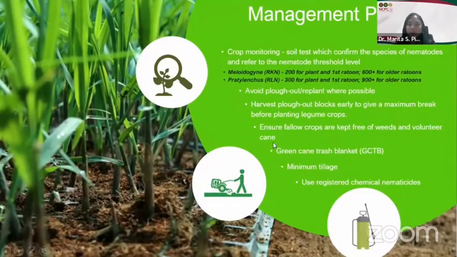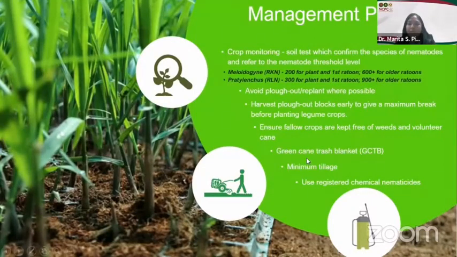Another thing that I encountered in the guide is the use of green cane trash blanket. Instead of burning the leftovers or trash produced during harvesting, you leave it in the field as a trash blanket. It will encourage moisture and reproduction of beneficial nematodes, the predatory nematodes.